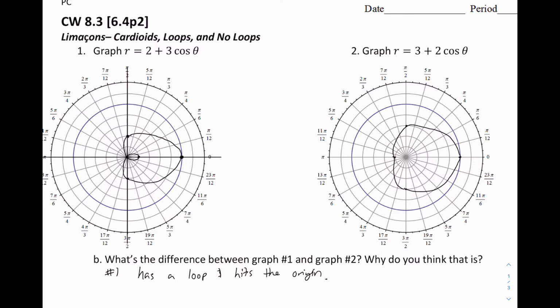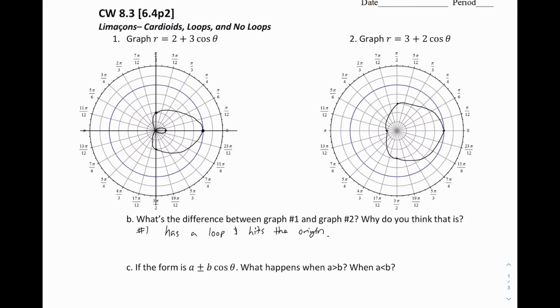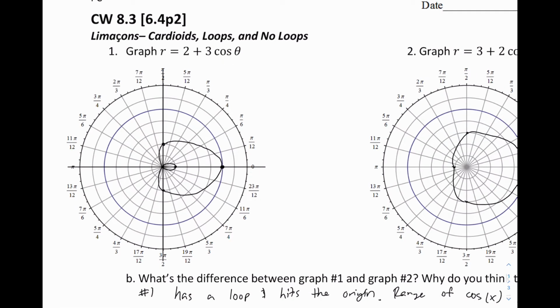So more deeply, why would that be? Well, that's because the range of cosine, or any cosine function, is -1 to 1. Which means this thing could be any number from -1 to 1. Which means this quantity has the potential to be negative.